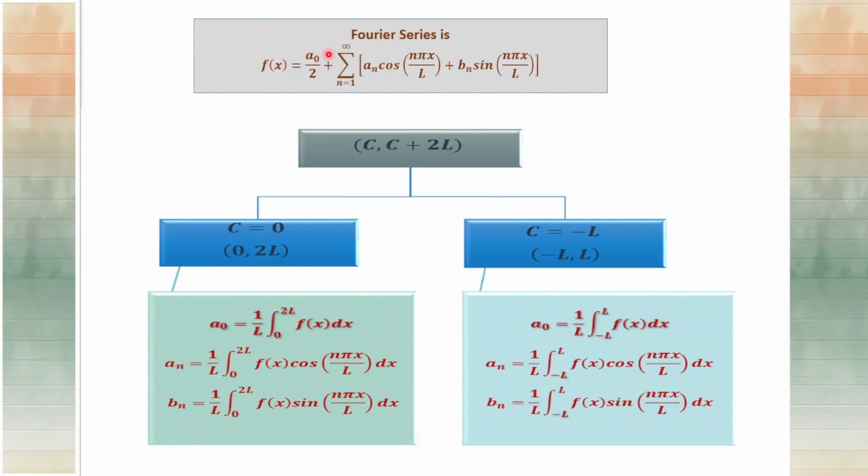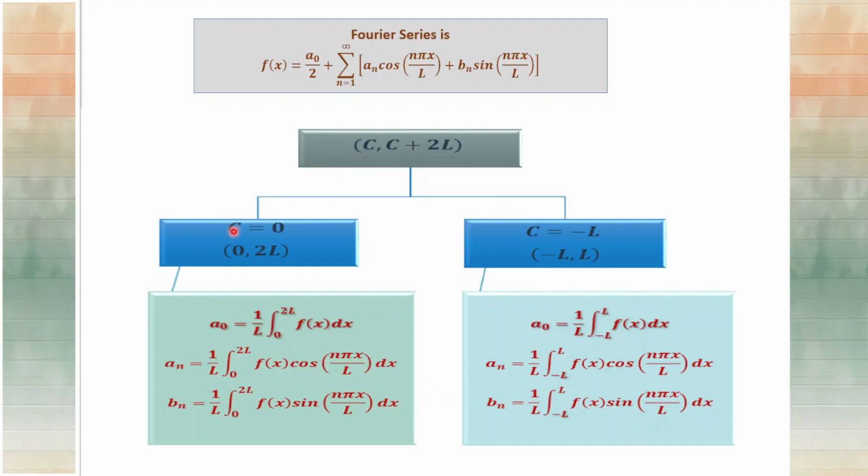Now again I have written the Fourier series formula over here, and in the given example we are going to see whether the interval given to us is 0 to 2L or minus L to plus L. The generalized interval is c comma c plus 2L.